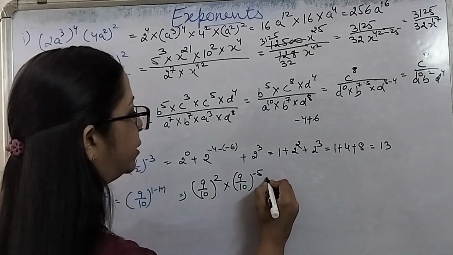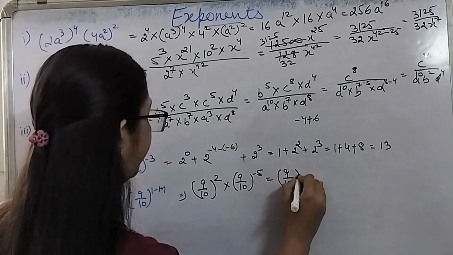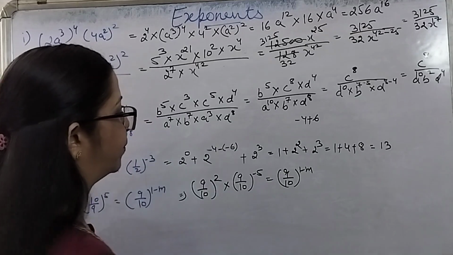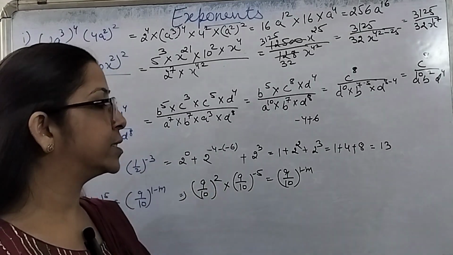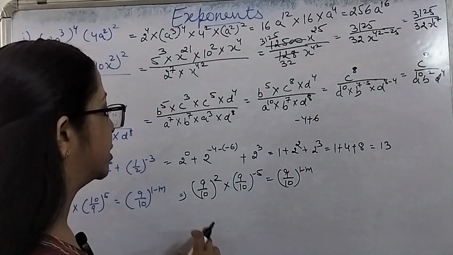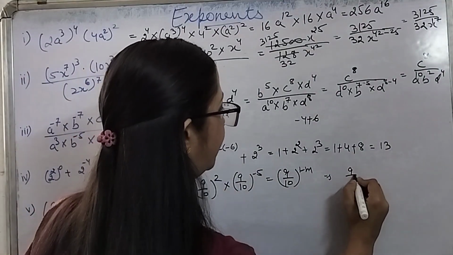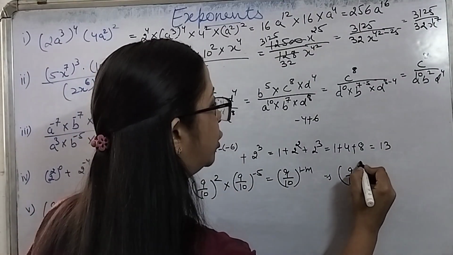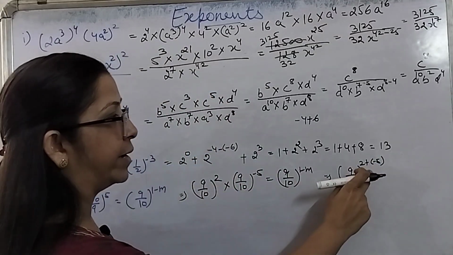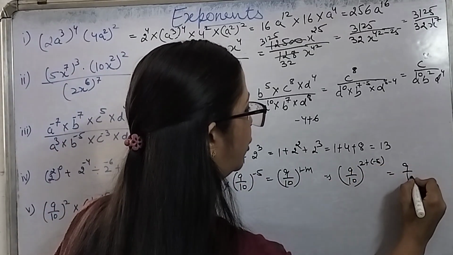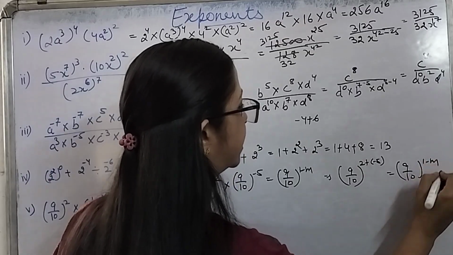So it is equivalent to 9 upon 10 raised to the power 1 minus m. Now the bases are same, multiplication sign is there in between, so powers are going to be added. So this could be written as 9 upon 10 raised to the power 2 plus of minus of 5. Both the powers we have added, it is equivalent to 9 upon 10 raised to the power 1 minus m.